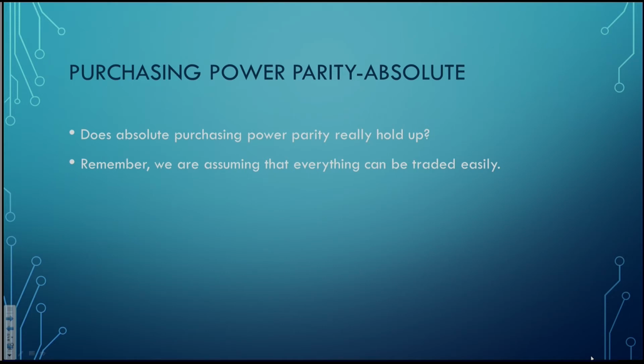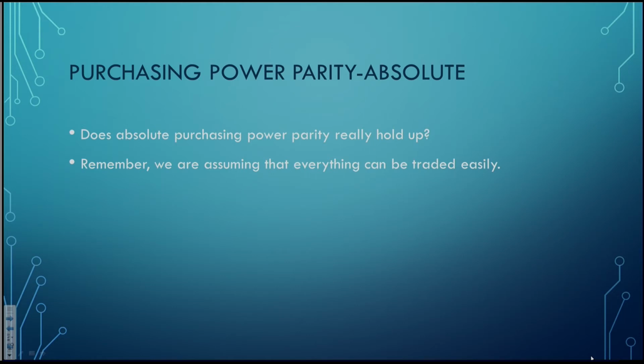Think back to the wheat example that I gave you: wheat is going to go from the US to Thailand, taking advantage of the higher price, but that means increased demand in the US, increased supply in Thailand, and the prices will level out somewhere in between. So we're asking the question, does absolute purchasing power parity really hold up? In other words, is that exchange rate we just calculated really going to be the actual market exchange rate?